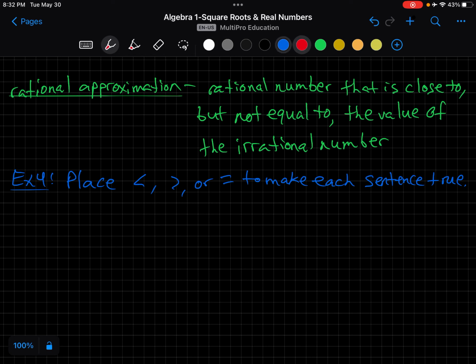A. We have the square root of 12 and 2.4 with 4 repeating. We want to put between these two whether it's less than, greater than, or equal to. How do we figure this out? Well, let's think about this.